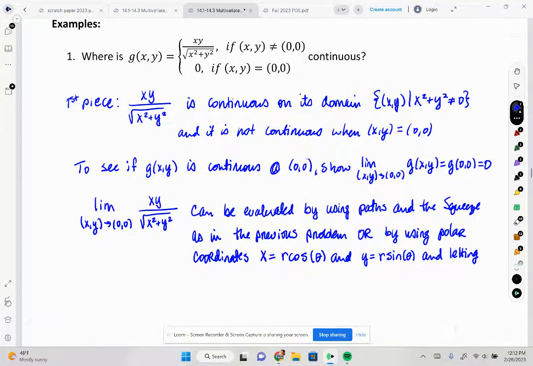We use r vectors so much, and letting r approach 0 from the right.